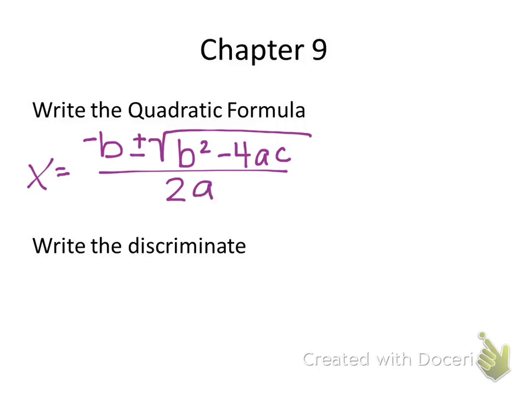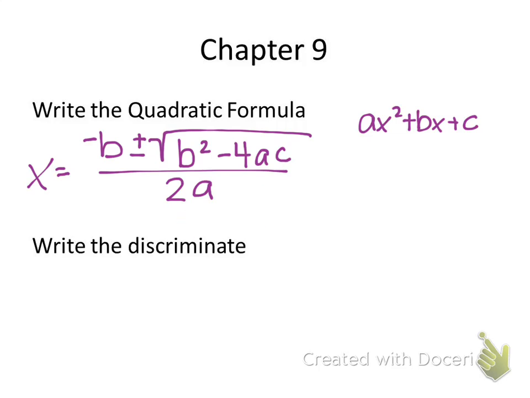Now, the quadratic formula is used when I have an equation that looks like this: ax squared plus bx plus c. I had a lot of people writing this as your quadratic formula. That is not your quadratic formula. That's how I know what I can plug in for each of these variables.